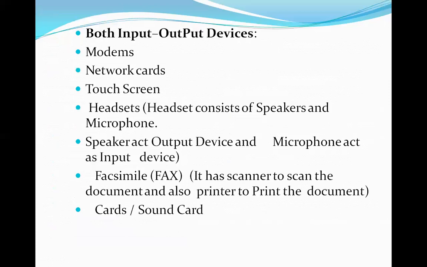Both input and output devices include modems, network card, touch screen, headset, and fax. A scanner scans the document and a printer prints the document, along with the sound card.